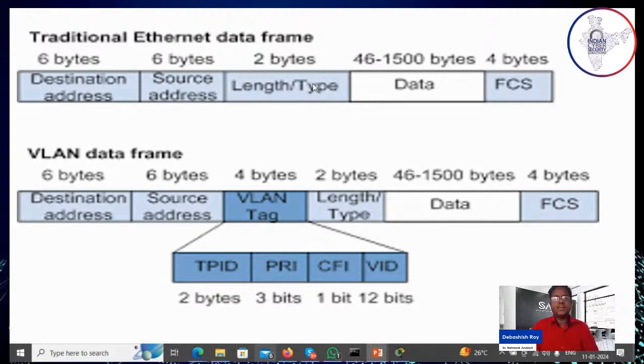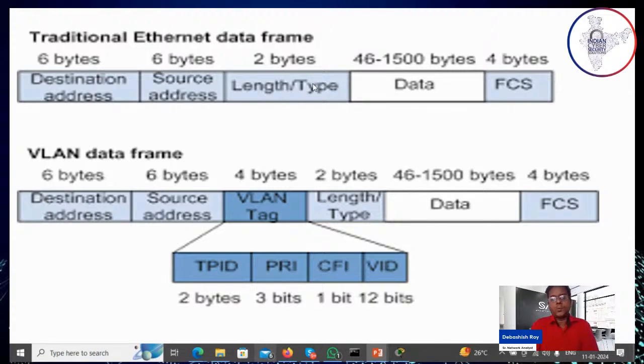In the VLAN tag, you have something known as TPID, the Tag Protocol Identifier, which is 2 bytes, PRI for priority, which is 3 bits, CFI, the Canonical Format Indicator, which is 1 bit, and the VLAN ID.